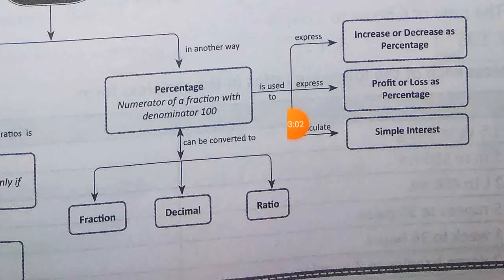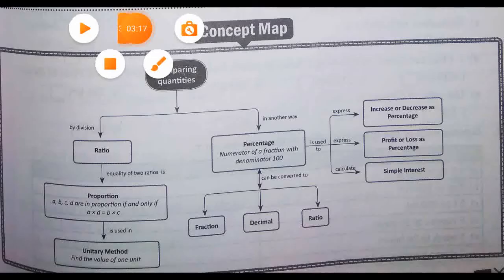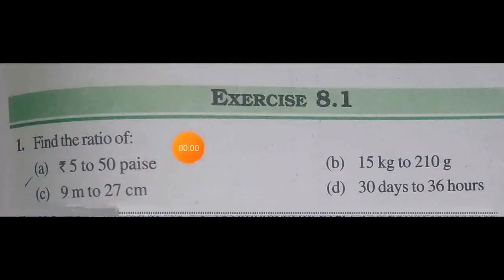Percentage is used to express profit or loss as a percentage, and it can be used to calculate simple interest. So it is all about comparing quantities that we are going to study in this chapter. Today we are going to start exercise 8.1.